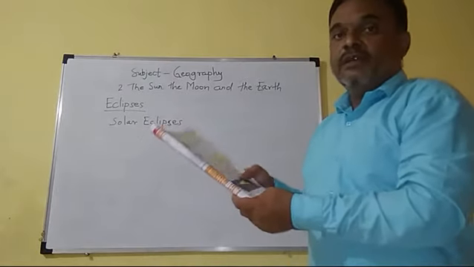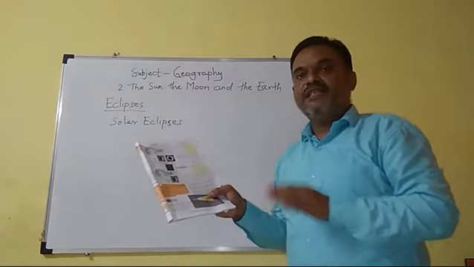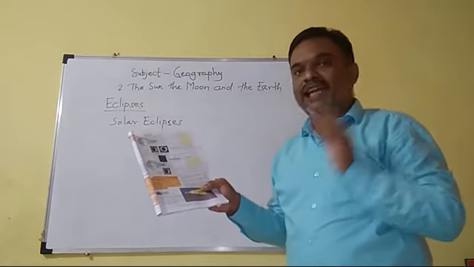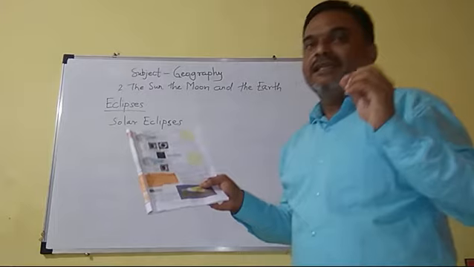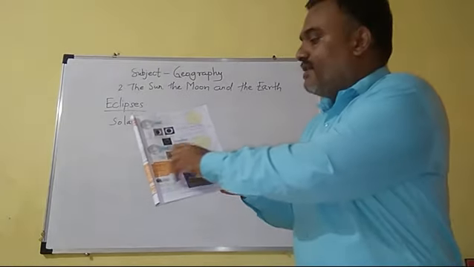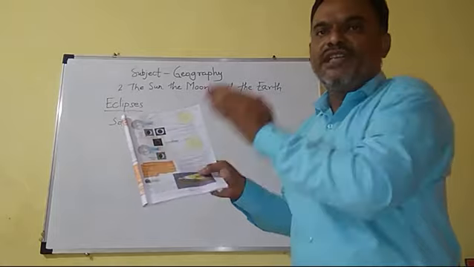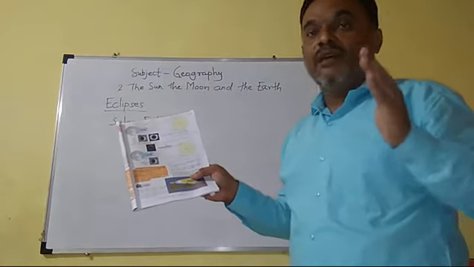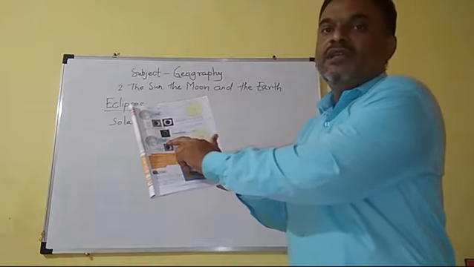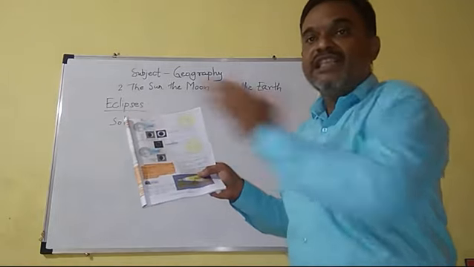Now the next type of solar eclipse is annular solar eclipse. Sometimes the moon is in its apogee position. It is at farthest from the earth, and at that time the shadow of the moon falls in space.